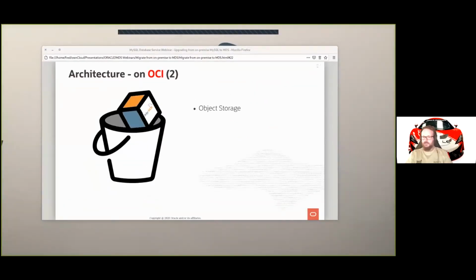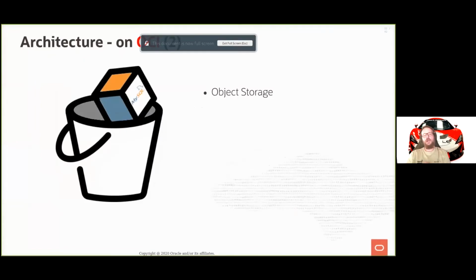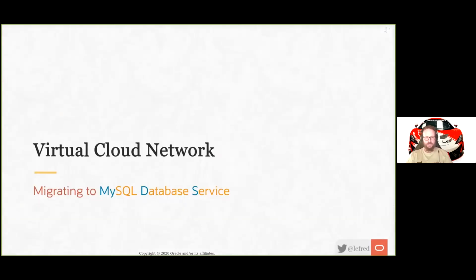So first, this object storage, which we also need to create. I will show you it is very easy to create, and how we put data to it. So first thing, like I said, we need to create this virtual cloud network, the VCN, to migrate our data. In my case, I will show you as a new user to OCI.